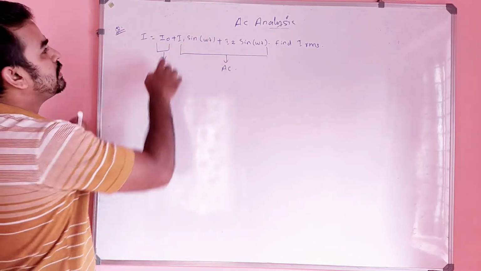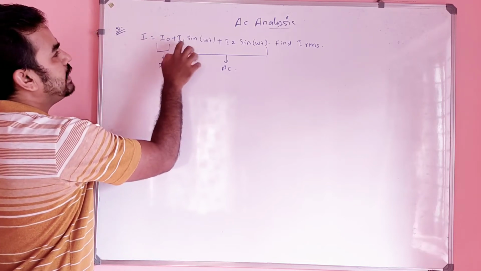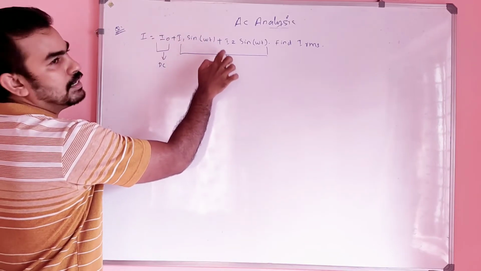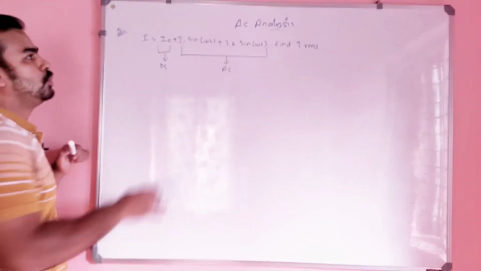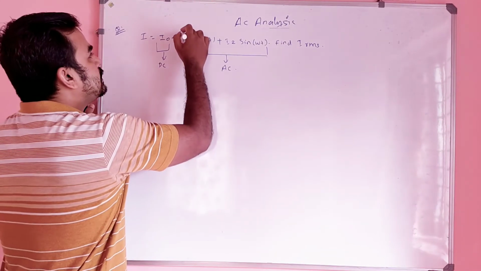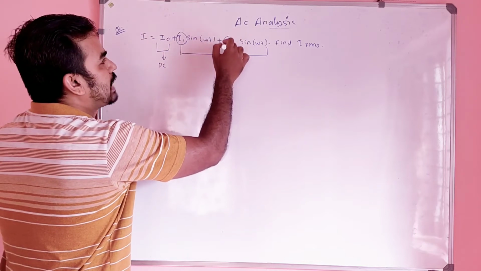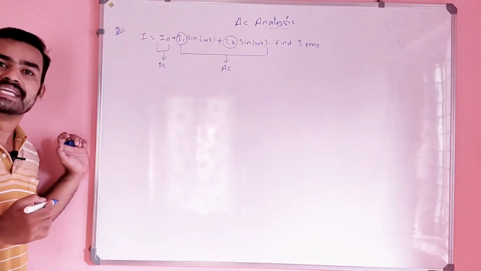The remaining terms will be in the nature of I is equal to Im sin omega t, so I1 is nothing but Im, and I2 is also nothing but Im.